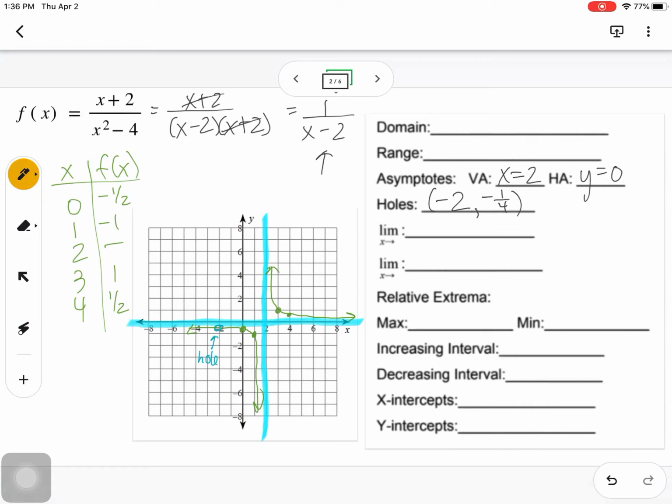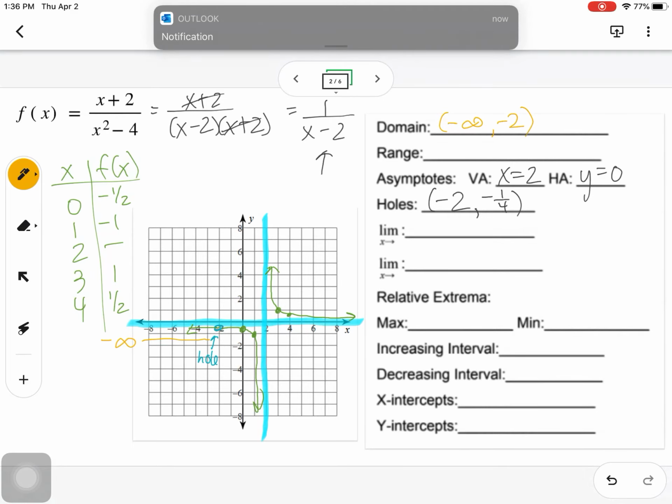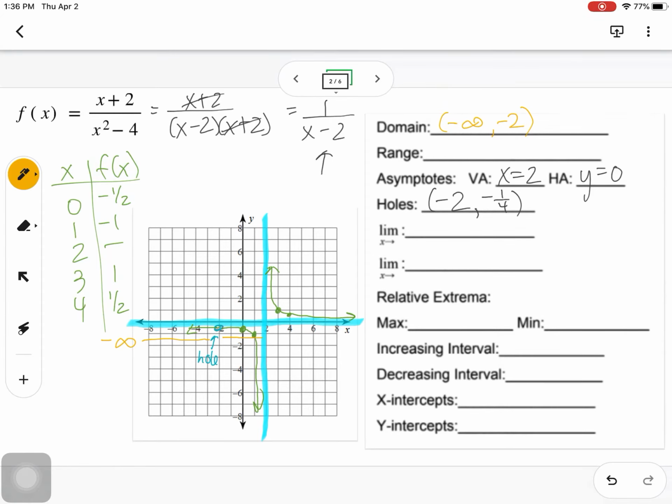So I'm going to go from left to right with this. From -∞, I can plug in whatever I want. Oopsies, not 8. All the way up until this hole. So I'm going to have -∞ to -2 as my first section. Once I get past the hole, I can plug in anything from the hole to the asymptote. So I have one that is -2 to +2.